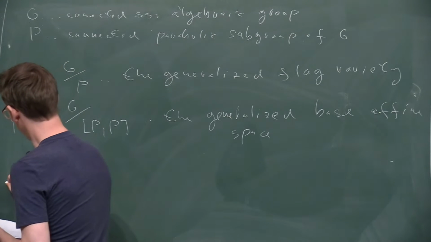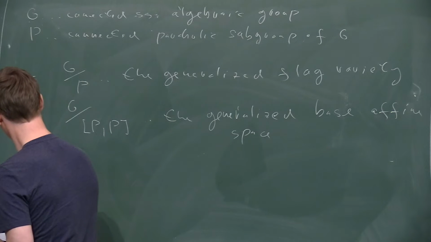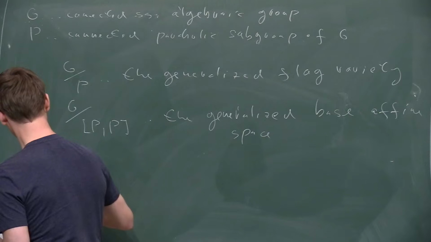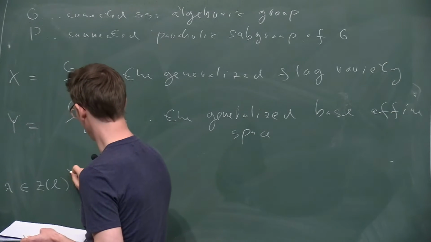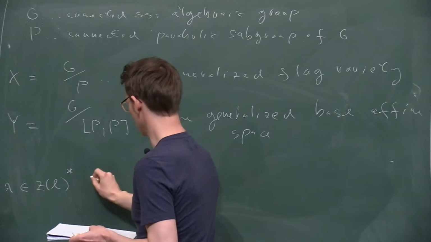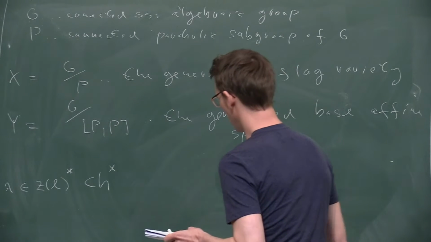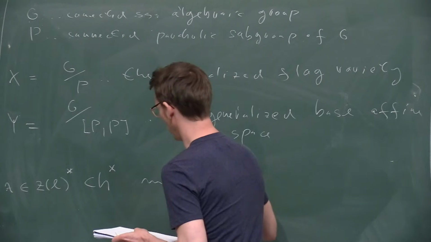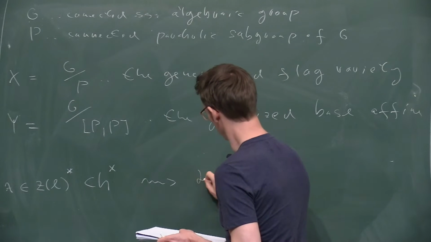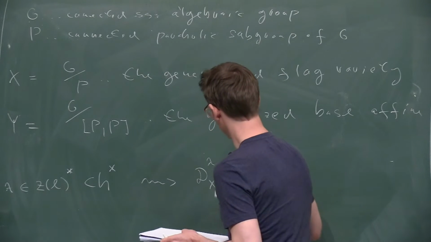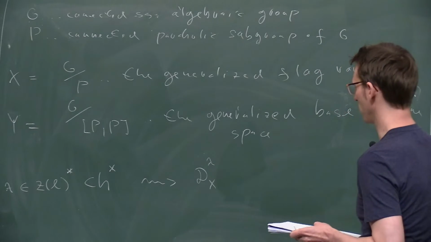Now if I take a weight, which will be a special weight, an element of the dual of the center of the Levi, which is a subset of the dual of the Cartan subalgebra, then to this weight I can assign a twisted sheaf of differential operators on the flag variety.